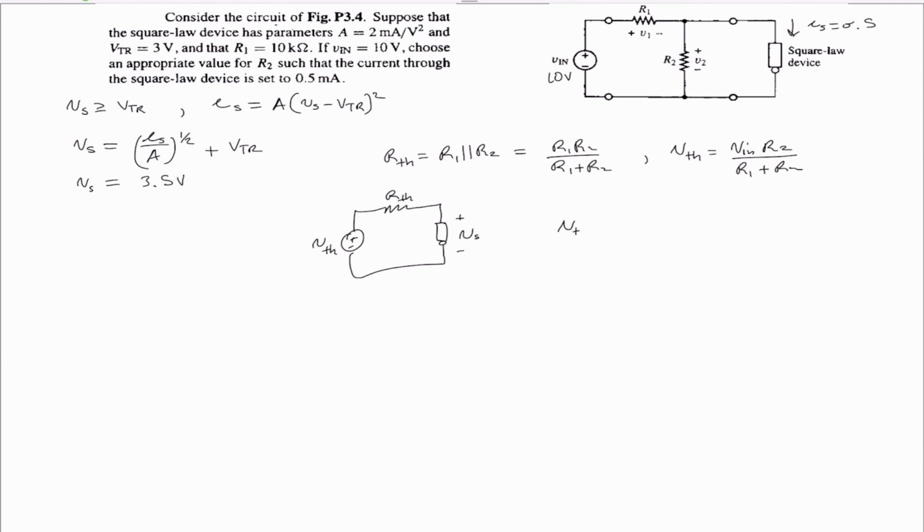We then have that V Thevenin is equal to the voltage across R Thevenin plus Vs. We know that V Thevenin is equal to Vin R2 over R1 plus R2, and the Thevenin resistance is R1 times R2 all over R1 plus R2, plus Vs. Cancel out, we're left with Vin R2 equals Is R1 R2 plus Vs.